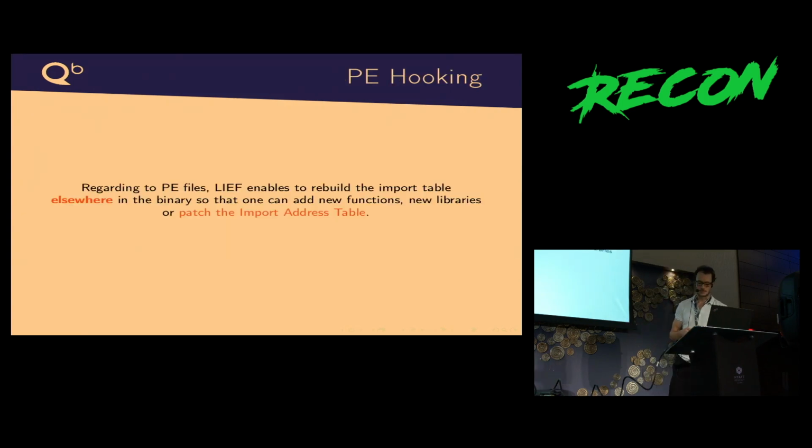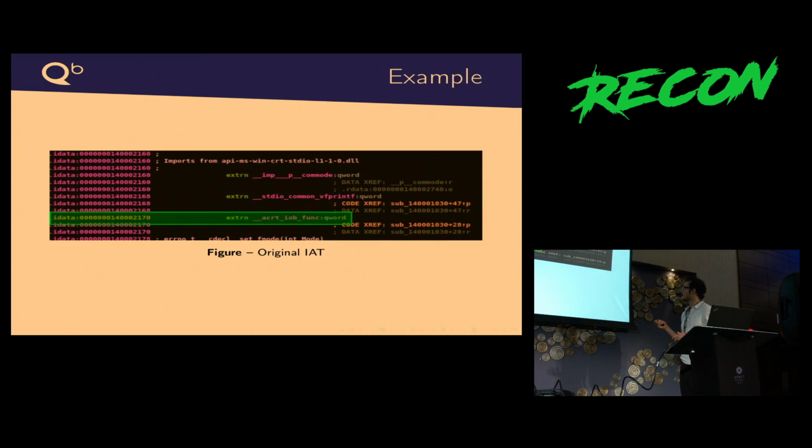About PE hooking. In the PE binary, you have a special section, which is the import address table. Basically, when you run the program, this table will contain all the addresses of the imported functions. So, for example, here, if we import this library and this function, once the program is loaded, this address will contain the address of this imported function.